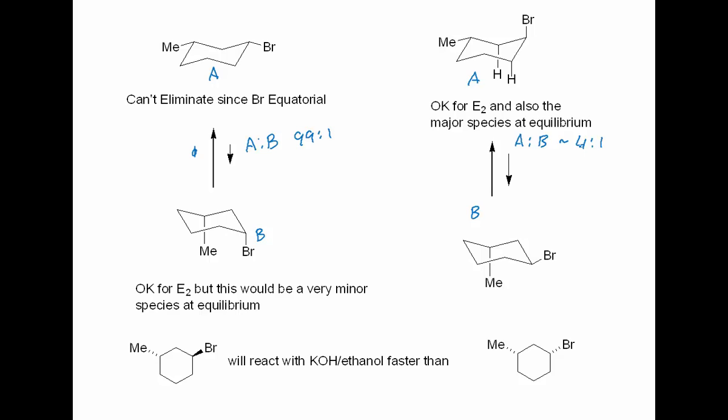But what we can see is that the conformation that can eliminate in A is the most populated conformation, and it's going to eliminate quite readily because bromine is exactly where it needs to be, and it's going to make the E2 product.